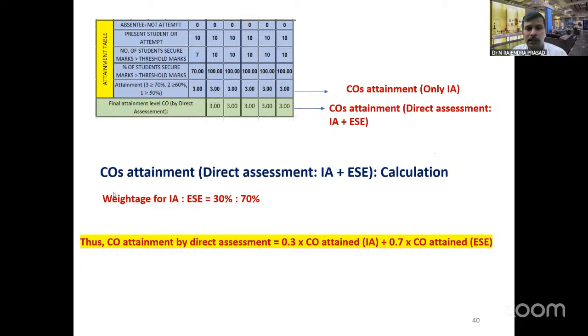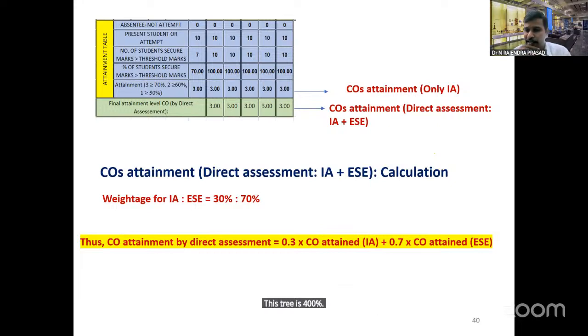How to do this? This is CO1 attainment 3, CO2 attainment 3, CO3 attainment 3, CO4, CO5 attainment. So this 3 is for 100%.